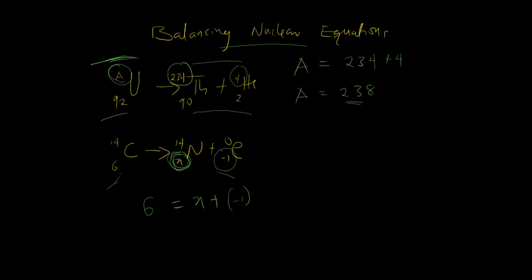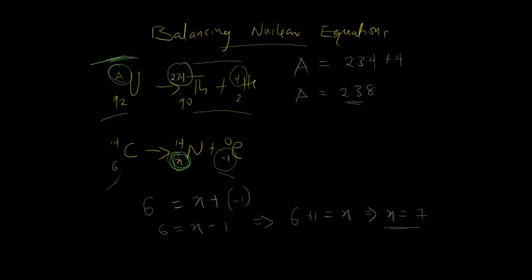Sai in ce 6 is equals to x, ina gashi, then plus times minus is minus, sai in ce minus 1. Ina neman x ne. So now zan iya cewa this implies that zan iya ɗauko yanzu minus 1 nan mai da ita can side. In ce 6 plus 1 is equals to the x, which implies that x is equals to 6 plus 1, 7.